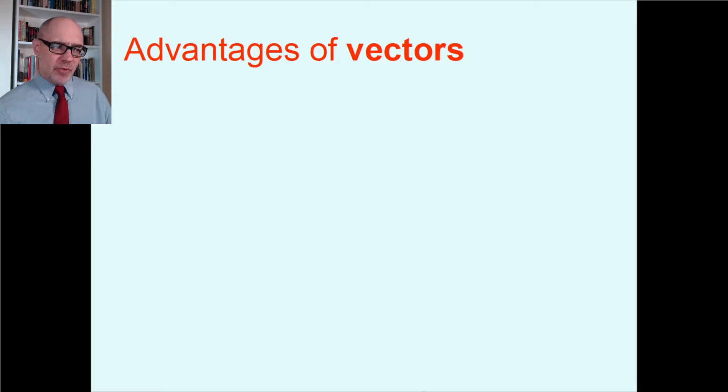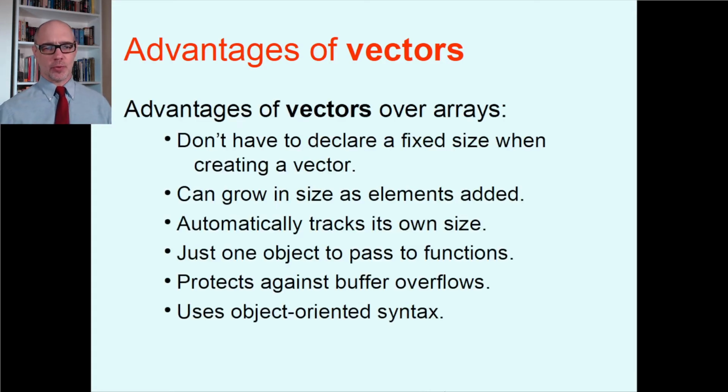Okay, so here are some advantages of vectors having wrapped arrays with some extra features. There's quite a few. Number one, you don't have to declare a fixed size when creating a vector. Whenever we make basic arrays, you have to specify a particular integer constant for how big it is, and then you're stuck with that, and the programmer has to make the decision when they're writing the program before anybody uses it.